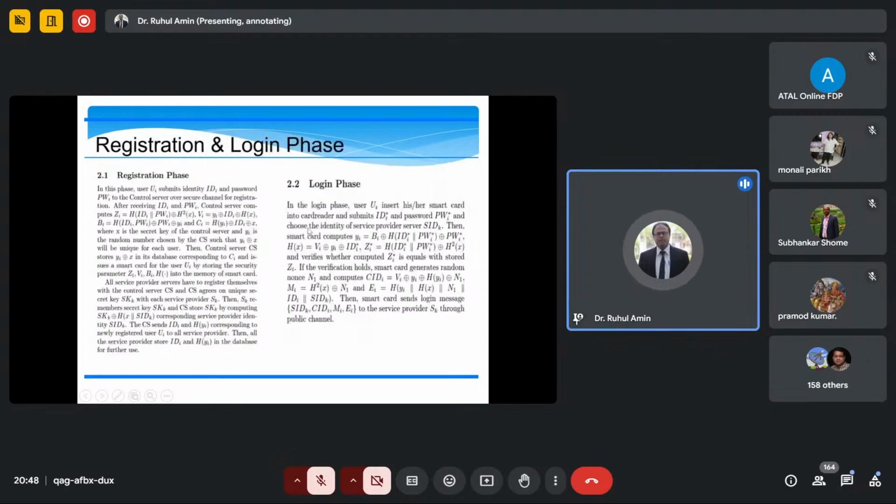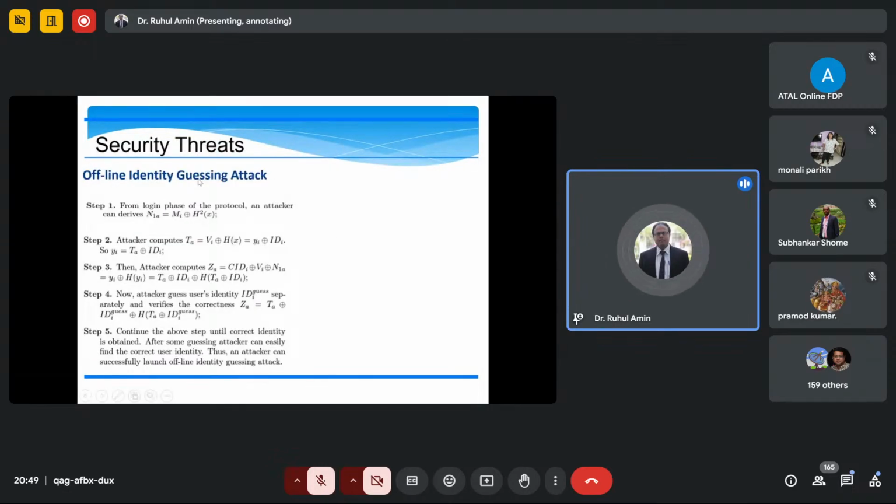Throughout this protocol, the one who designed it is claiming that the identity of the user is private. That means no one can compute or guess it. But here you see that the attacker can guess the identity.